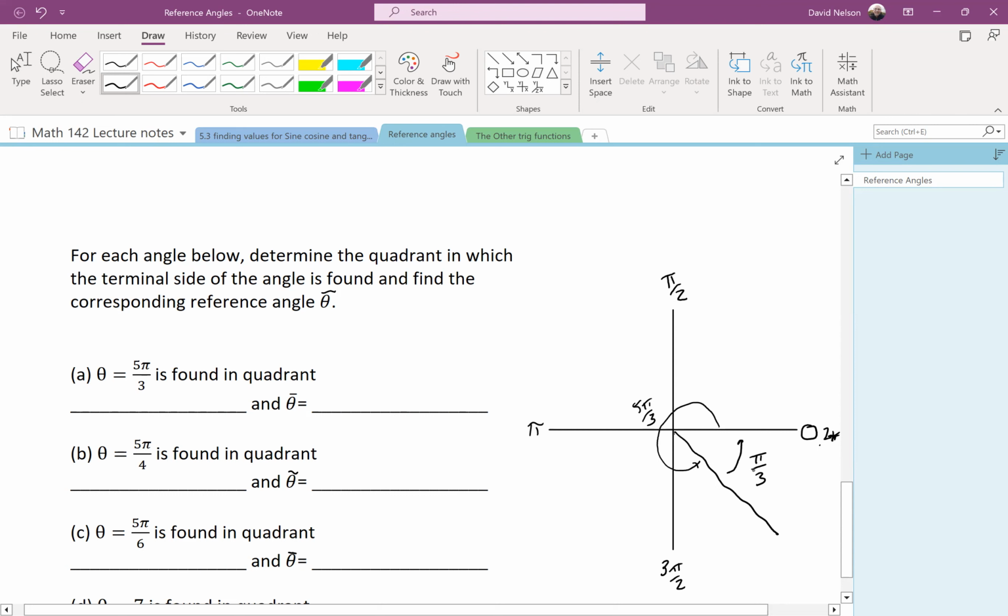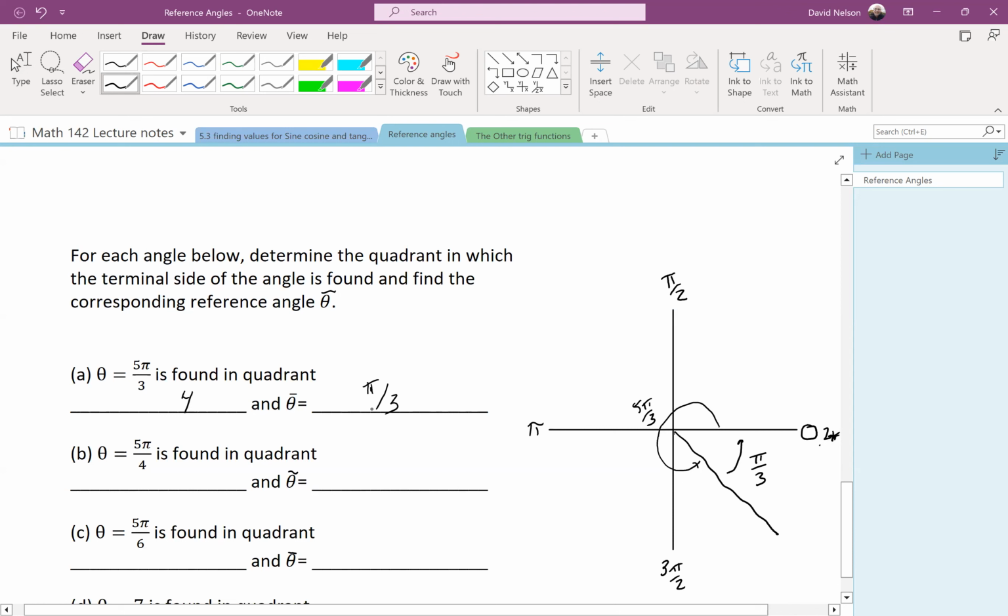That'll give me 6 pi over 3. So I am in quadrant 1, 2, 3, 4. WAMAP wants you to actually enter the number 4 and not the Roman numeral IV. It says that in the instructions that I did not copy down. And then the angle that we want is pi divided by 3 for our reference angle.